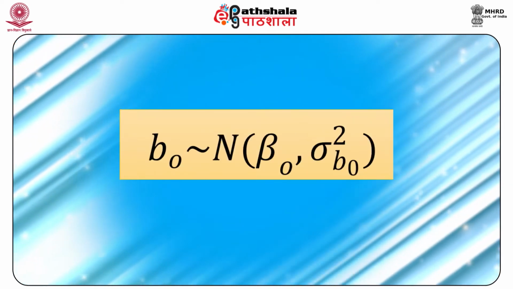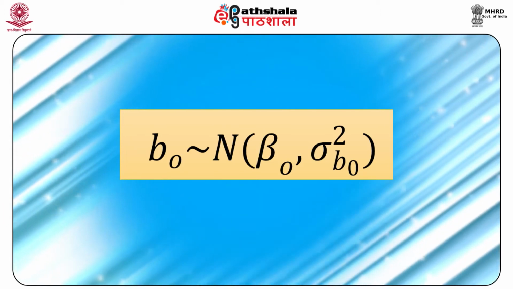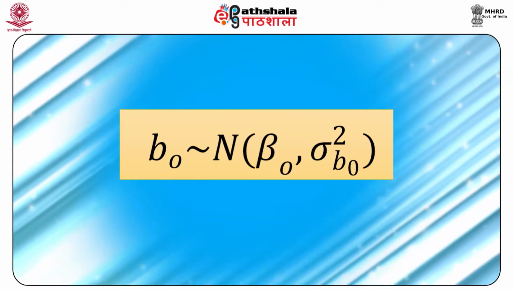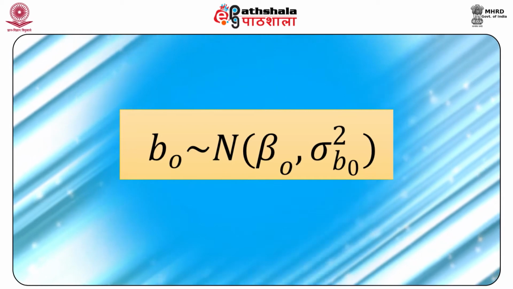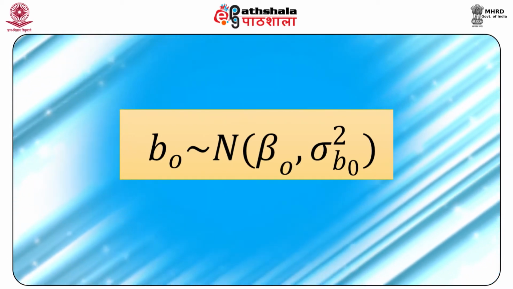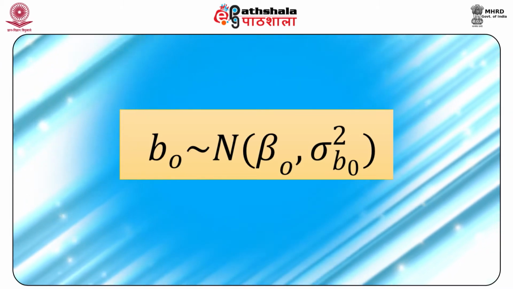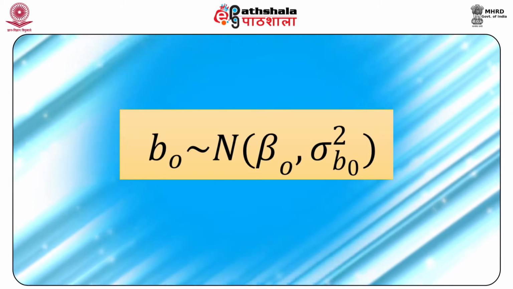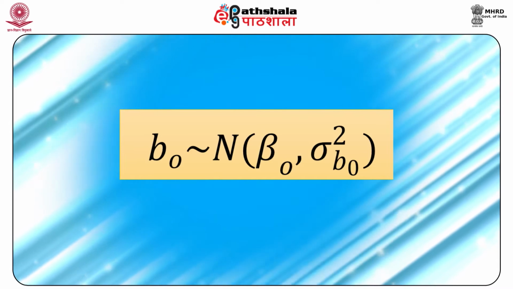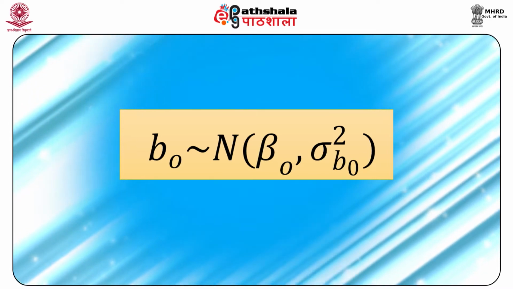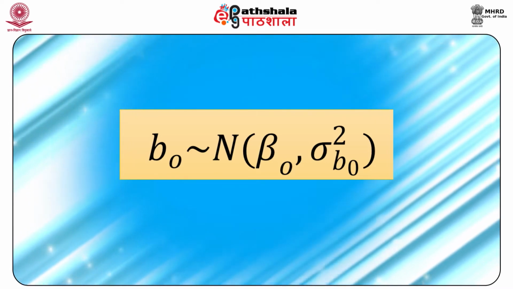Or in a more compact form, B0 is distributed normally with beta 0 and sigma B0 square.